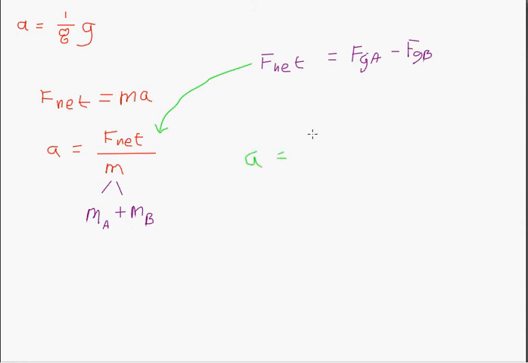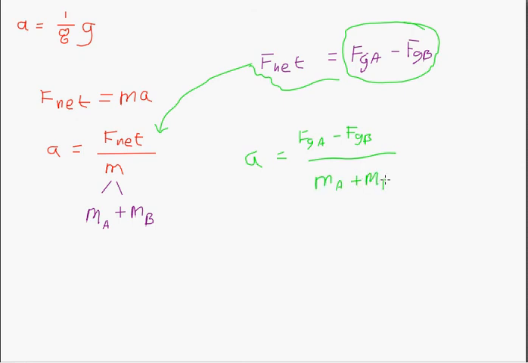A equals FGA minus FGB. I'm substituting right here, in where FNet is. And then on the bottom, I have mA plus mB because there are two masses moving in the system.